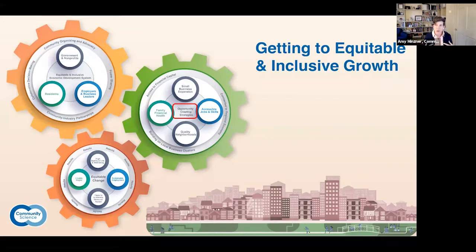The next cog is the strategies, and we've done some extensive literature reviews and interviews about what are the common best practices for equitable and inclusive growth. And there's a lot more consensus in this cog than in the orange cog. In the green cog, in addition to the fundamental aspects of being connected to the regional economy and building on local business sectors, making sure that there's access to capital, focusing on small business entrepreneurship and expansion and workforce development, there's also the importance in an equitable sense of quality neighborhoods.